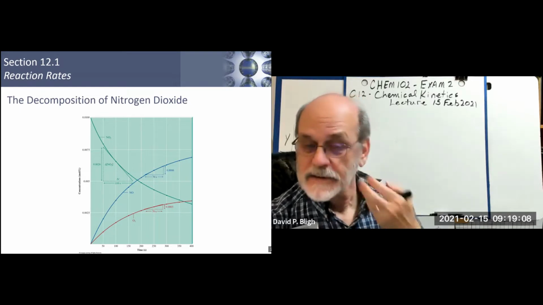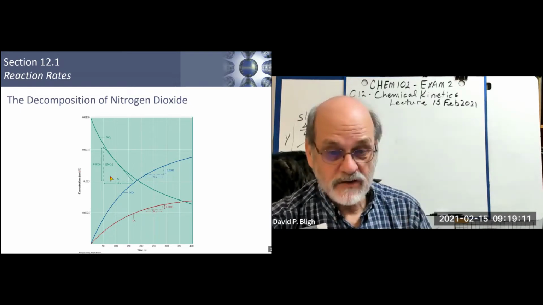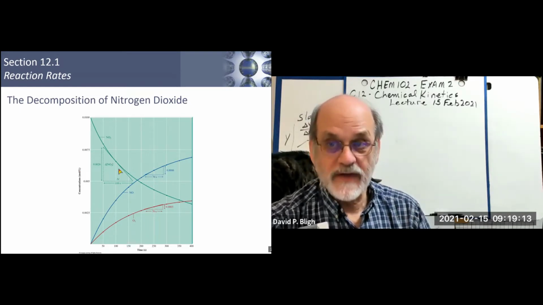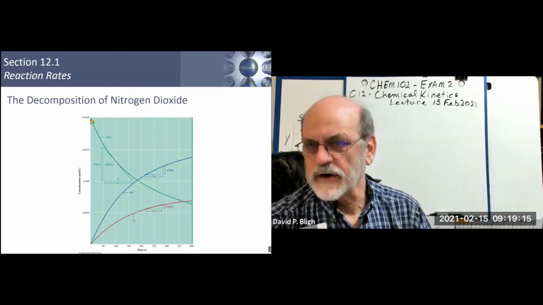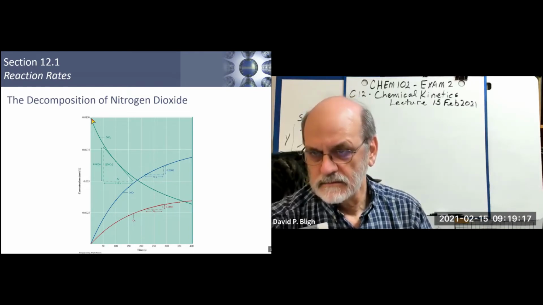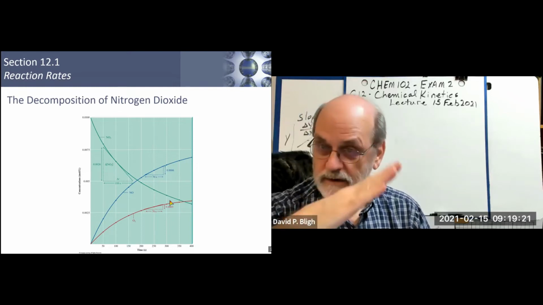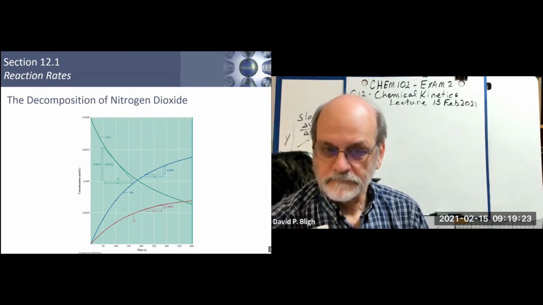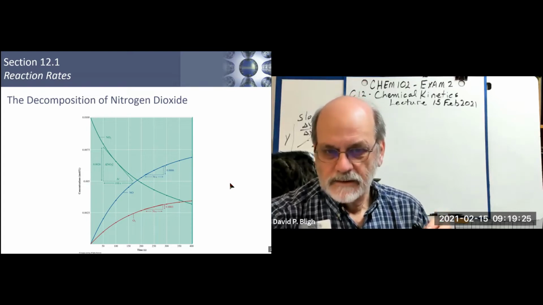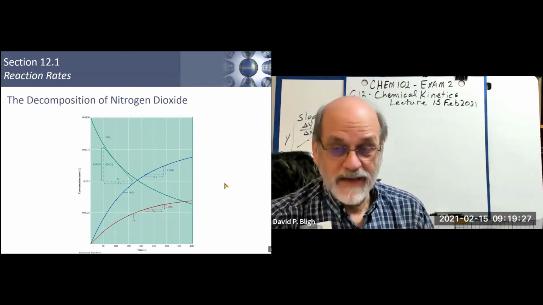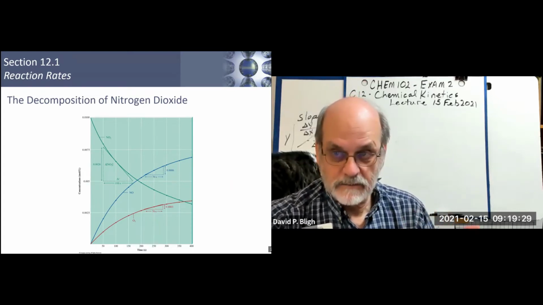And notice that depending on where you measure that tangent, the slope of that line changes. So up here, it's very steep, right? Down here, when it starts to shallow out, the slope decreases. But at any one point on that line, you have that capability to calculate the slope.